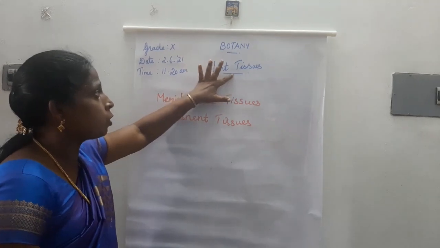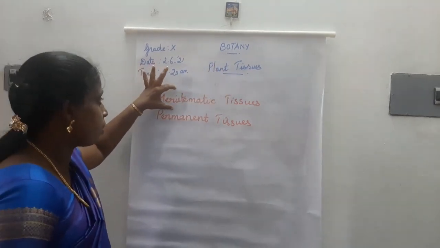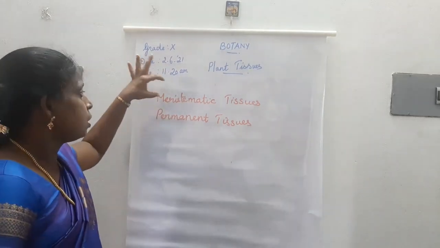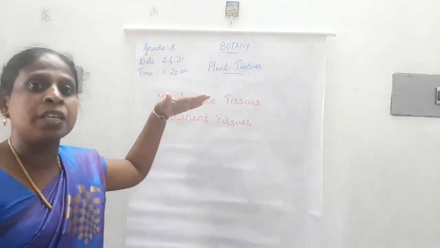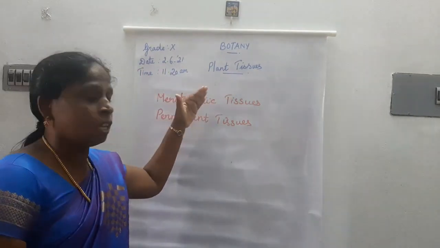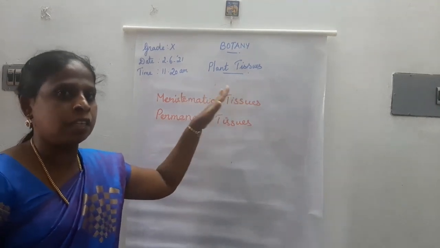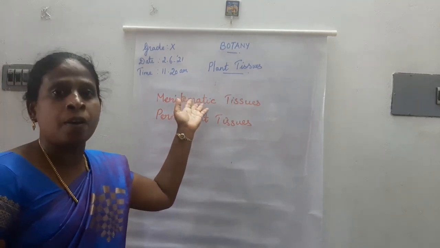The plant tissues are mainly classified into two types: meristematic tissues and permanent tissues. What are meristematic tissues? Meristematic tissues consist of immature cells. They consist of very young cells and are capable of division.